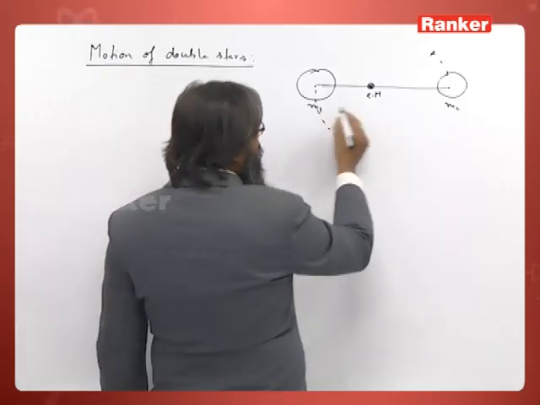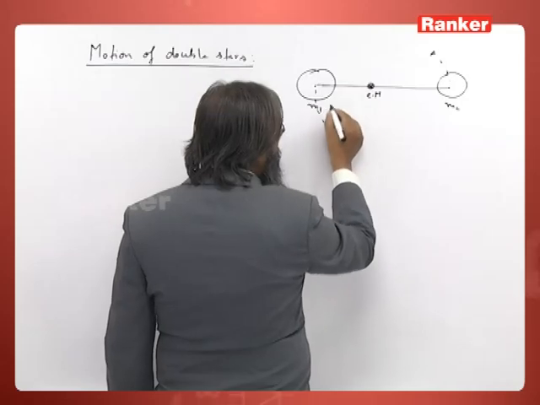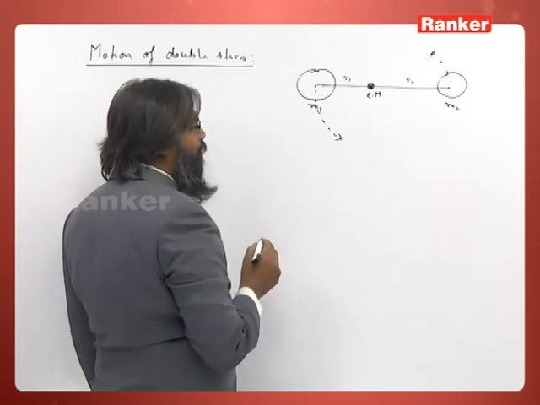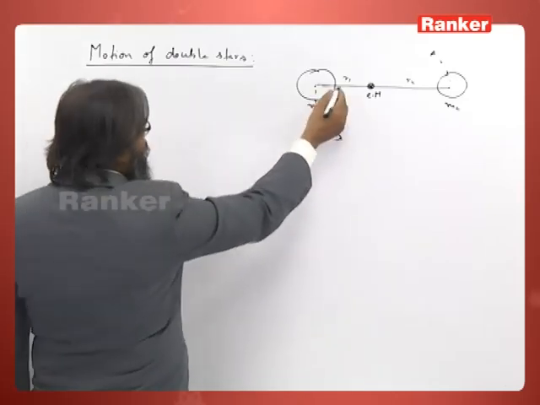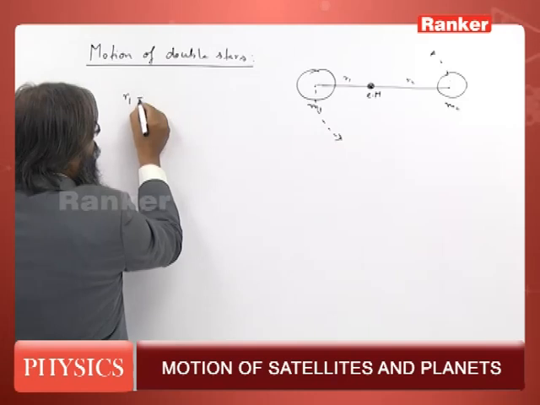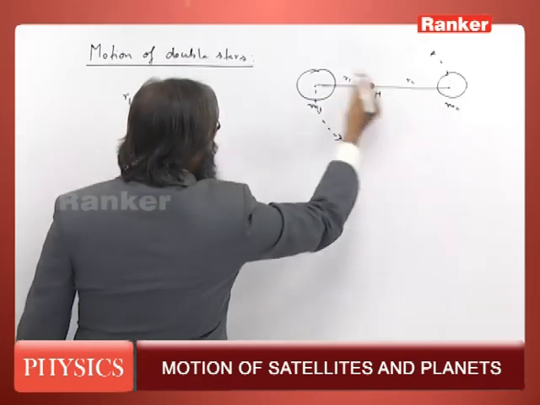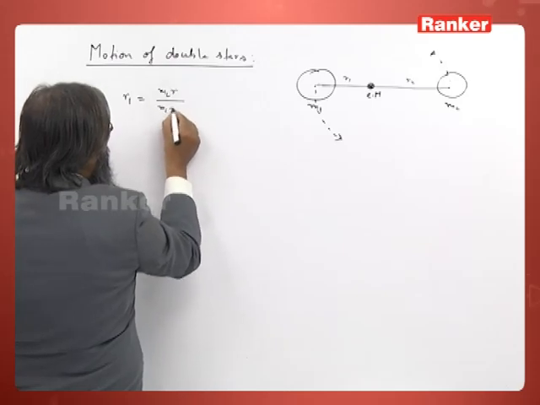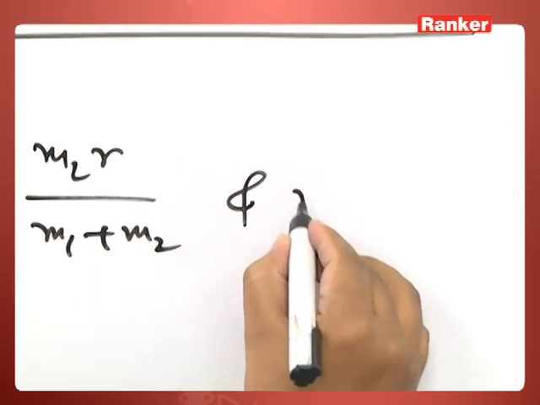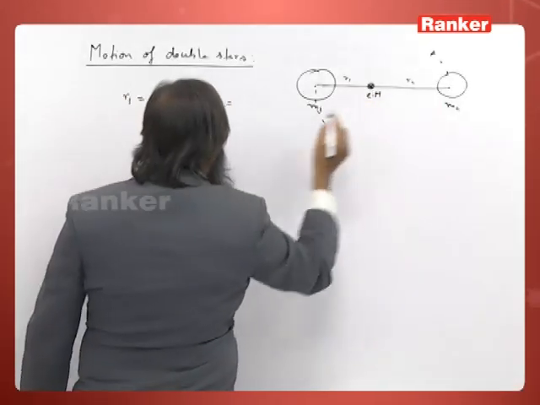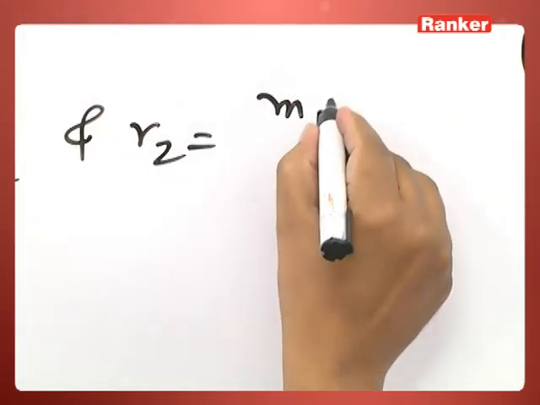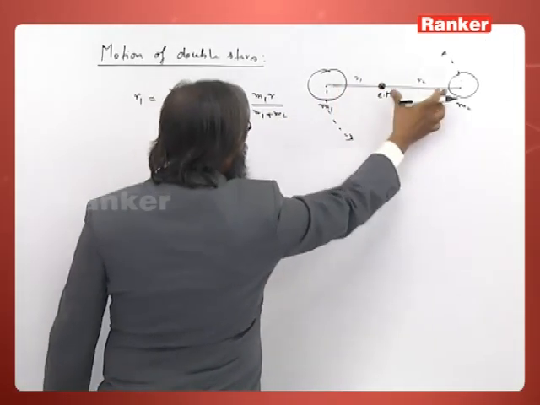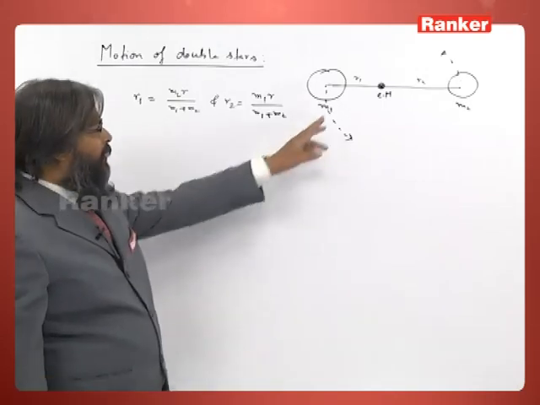Now suppose this is m1 and m2 mass and this total distance is r. So we will have r1 and r2 as these distances from the center of mass. From mechanics, r1 will be m2 times r by m1 plus m2, and r2 is m1 times r by m1 plus m2. This is how r1 and r2 are from the center of mass.